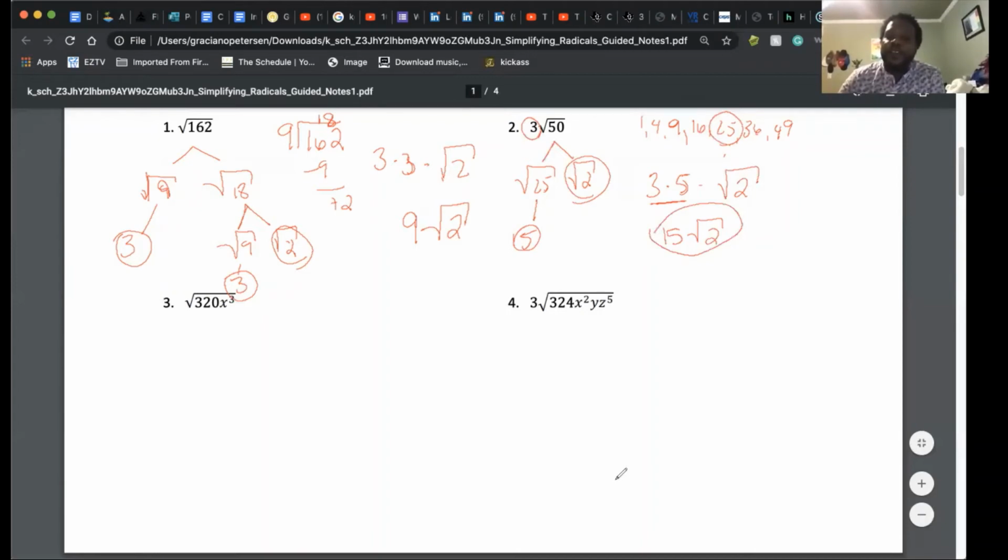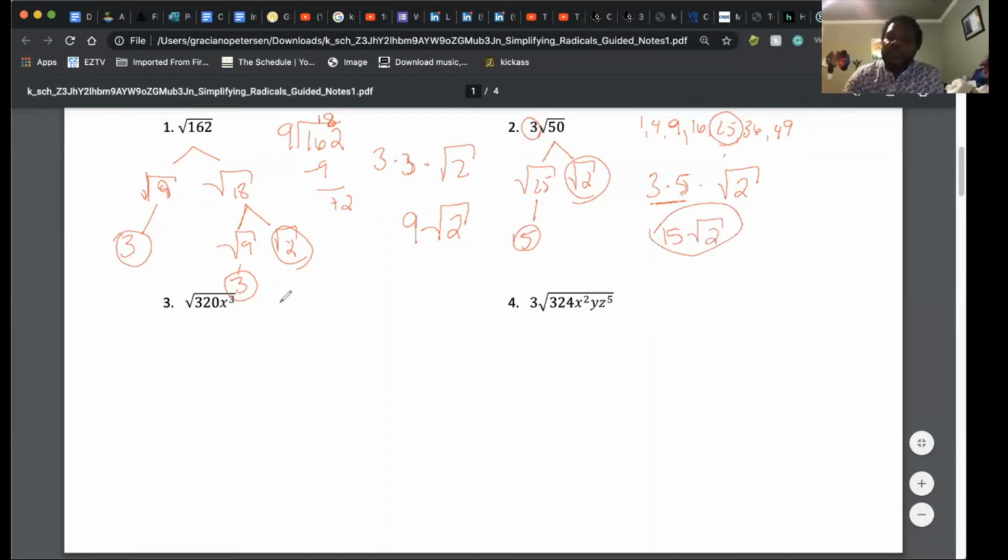Okay? So that's how we do that. That's how we simplify numbers under a square root. So let's think about this next step over here with number 3. We're going to simplify the number, and then we're going to simplify the variable.